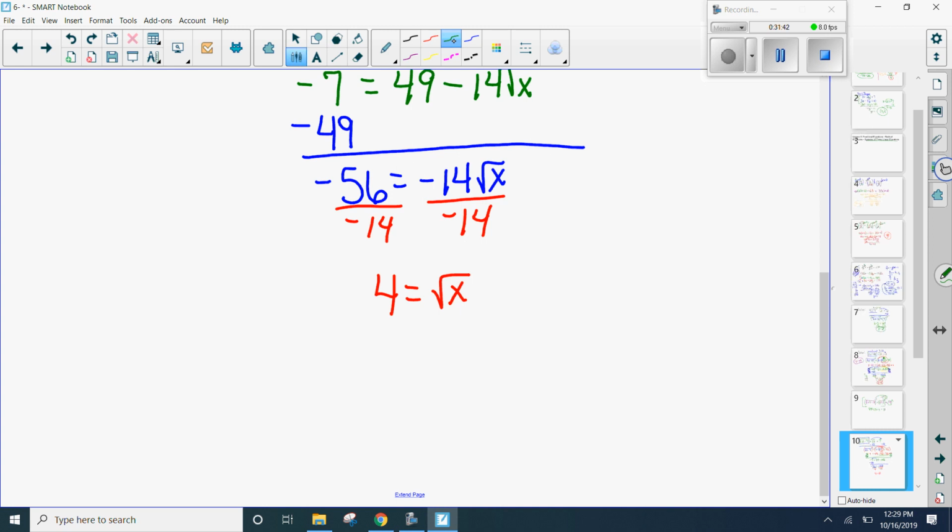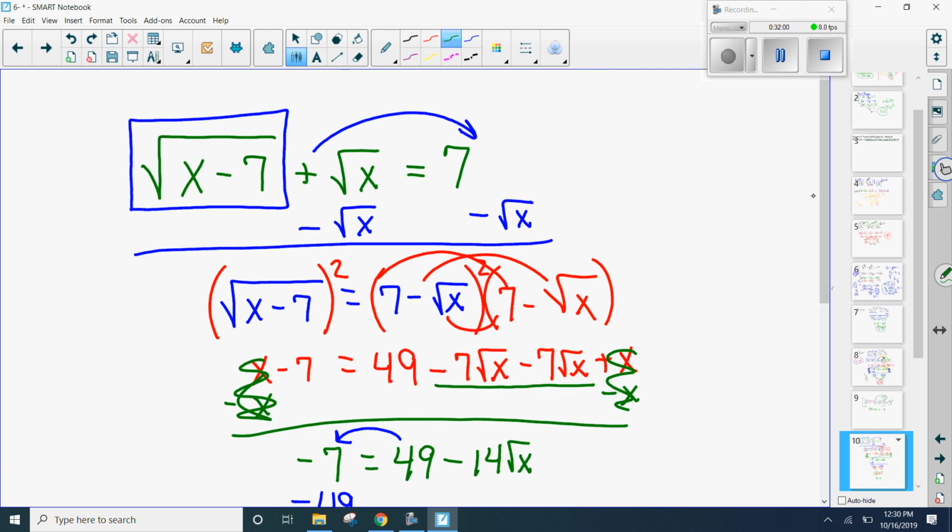And then what do you have to do? Square it. And 16 is equal to x. As the final step, what do you got to do? You got to check yourself, right? We got to put it in to check for an extraneous solution. So we come up to the top. What did we say that value was? 16.